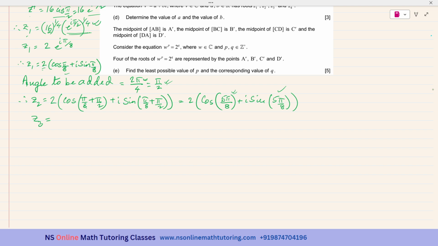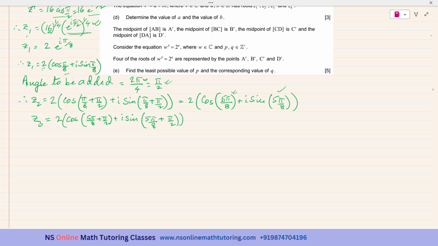Okay. So, 2 cos of 5 pi over 8 plus pi over 2, plus i sine of 5 pi over 8 plus pi over 2.